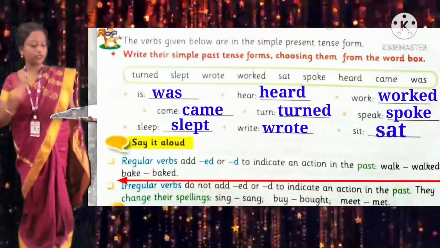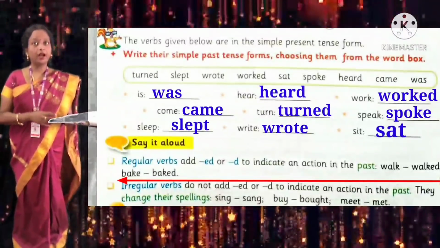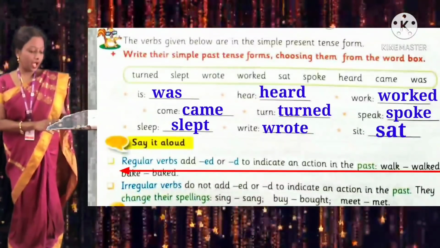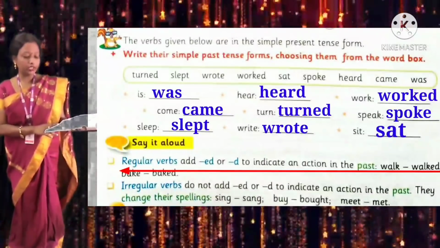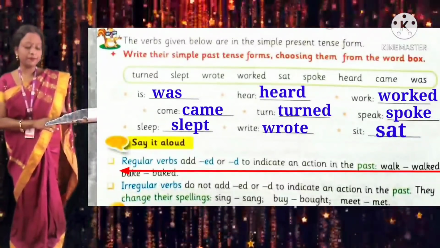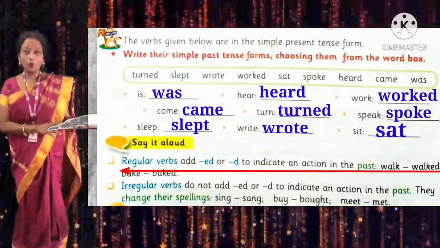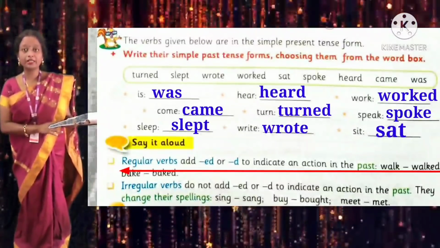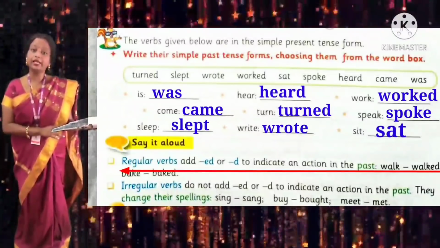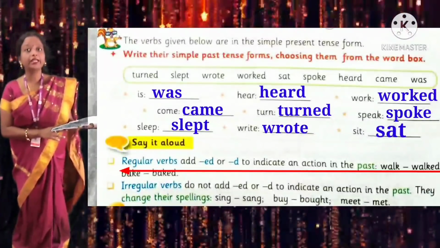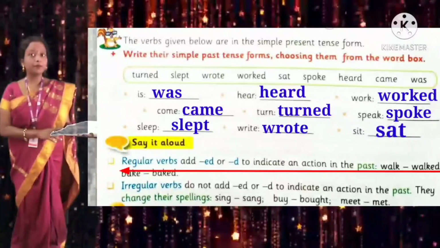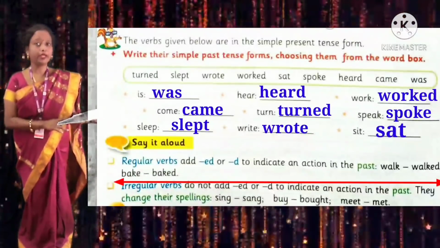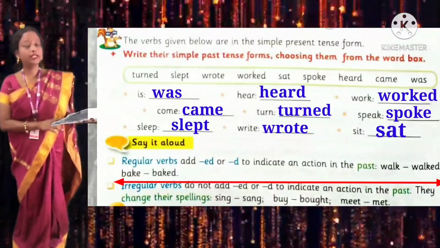I walked. I bake. I baked. For walk, we have added E-D for the past tense. W-A-L-K-E-D, walked. Bake, B-A-K-E. B-A-K-E-D, baked. Here we have added D.